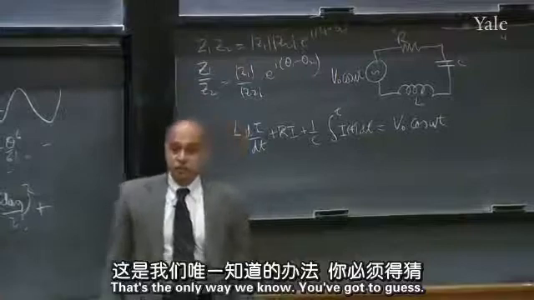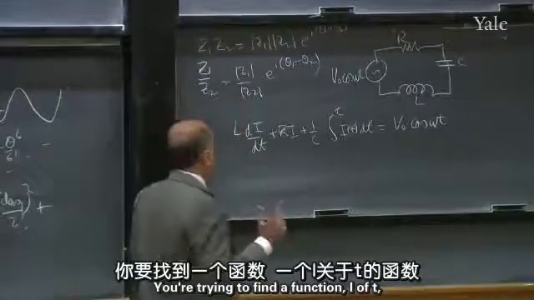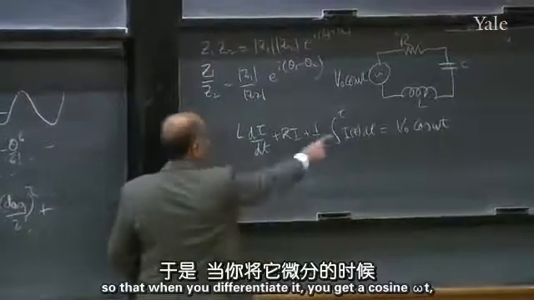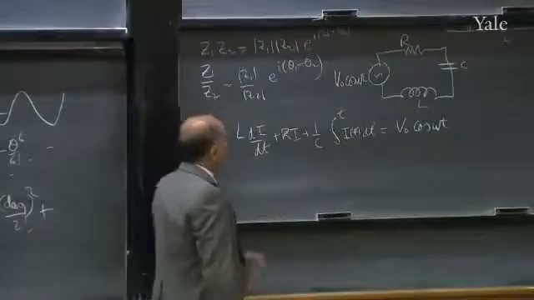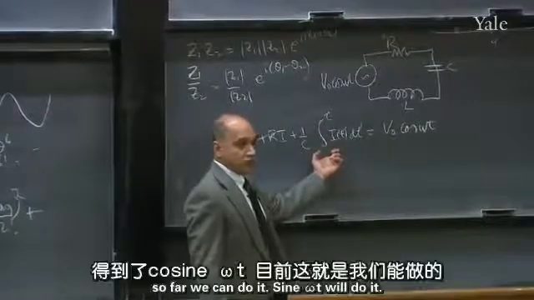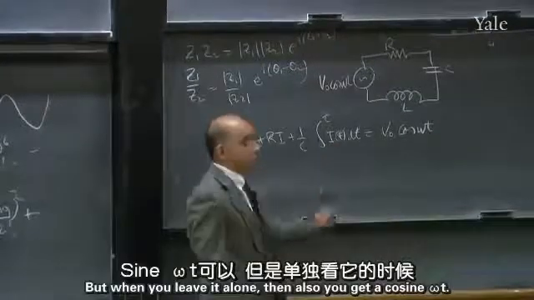You've got to guess. You're trying to find a function I of t so that when you differentiate it, you get a cosine omega t. When you integrate it, you get a cosine omega t. So far, we can do it. Sine omega t will do it. But when you leave it alone, then also you get a cosine omega t.